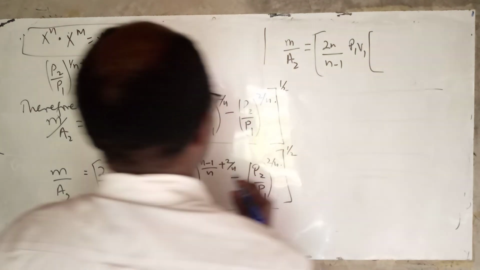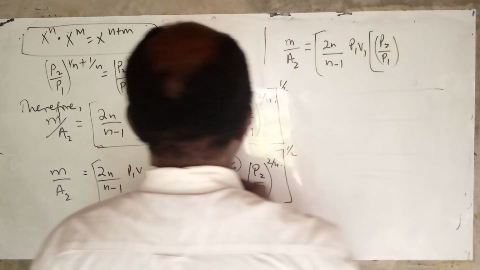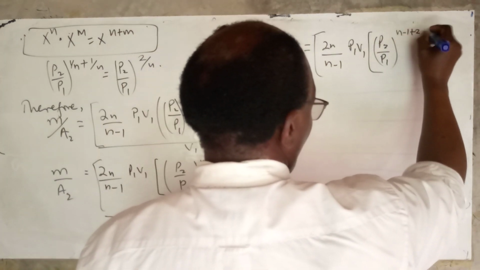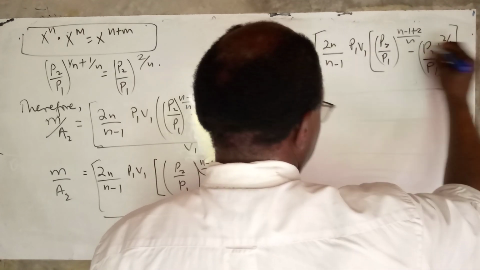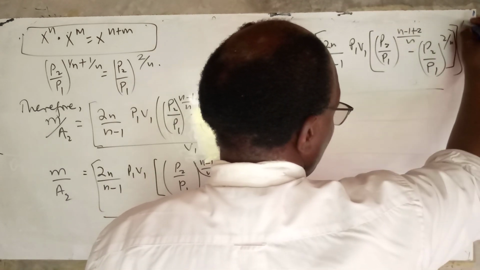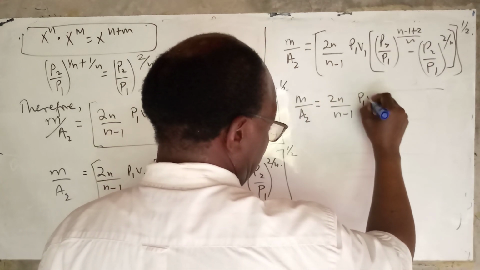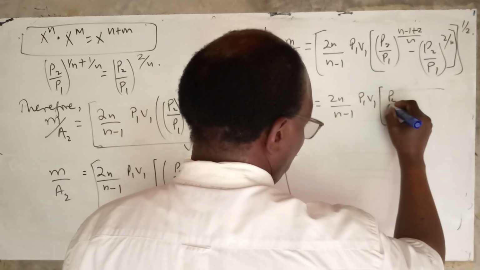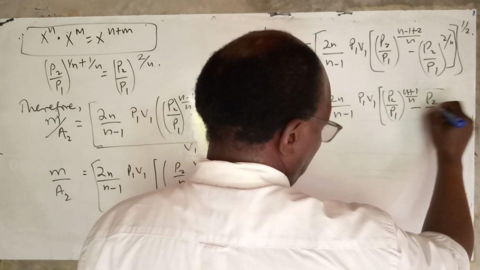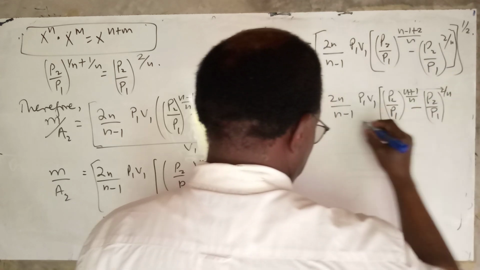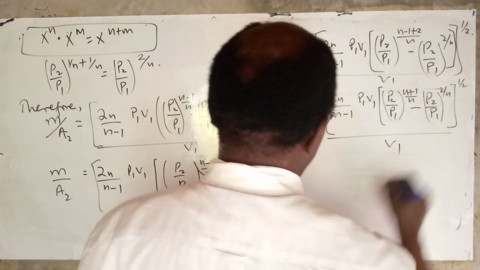If you sort out this particular index, we are going to have P2 over P1 to the n minus 1 plus 2 over n minus P2 over P1 to the 2 over n, square root, which simplifies further to the square root of 2n over n minus 1 P1 V1 into P2 over P1 to the n plus 1 over n minus P2 over P1 to the 2 over n, don't forget our V1, over V1.